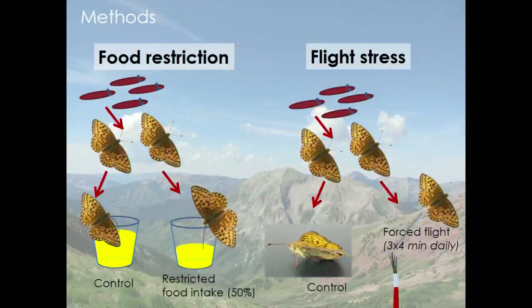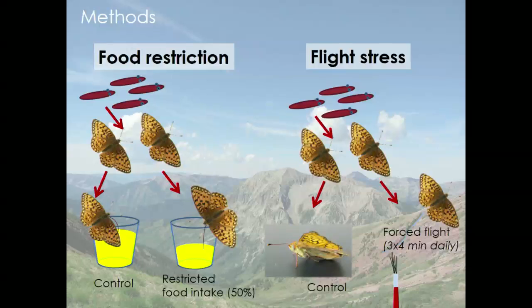The methods we used for manipulating both resource intake, energy intake, and increased flight are depicted here. We had a split brood design, and in our food restriction experiment, we gave female butterflies half of the volume of sugar water consumed by their sister in the control treatment.